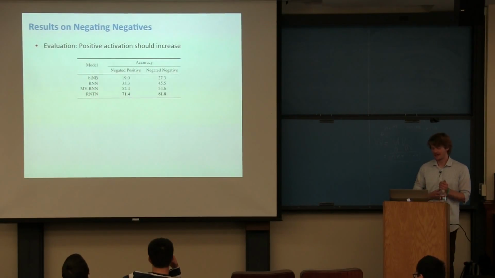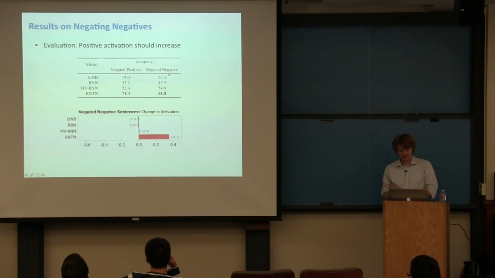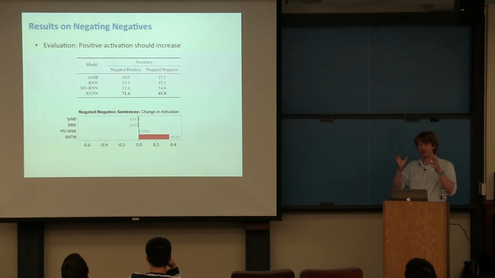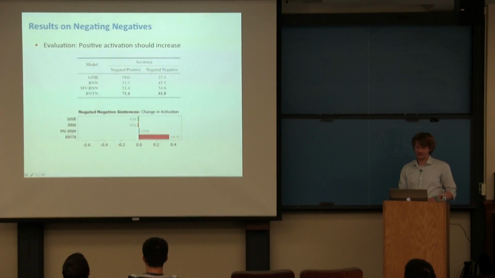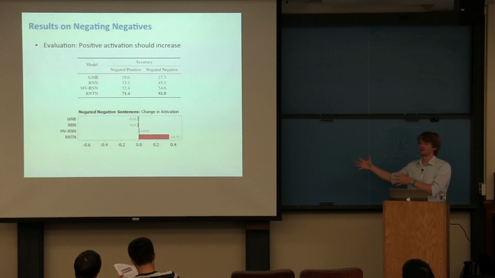And in terms of the accuracy, we see a huge improvement again. But what was most exciting at the end of this project is that we found that the RNTN was the only model that not just quantitatively but qualitatively was able to capture this effect: when you have a negation and something negative, the probability mass of the neutral and positive classes should increase.